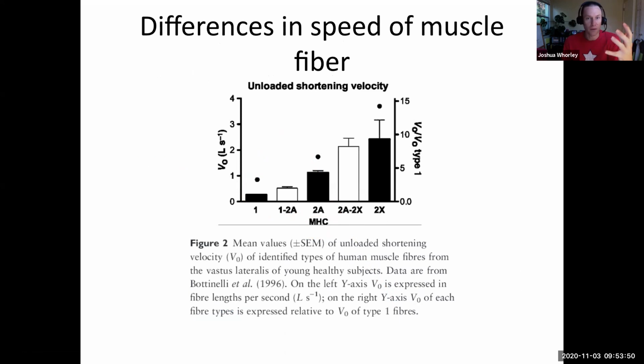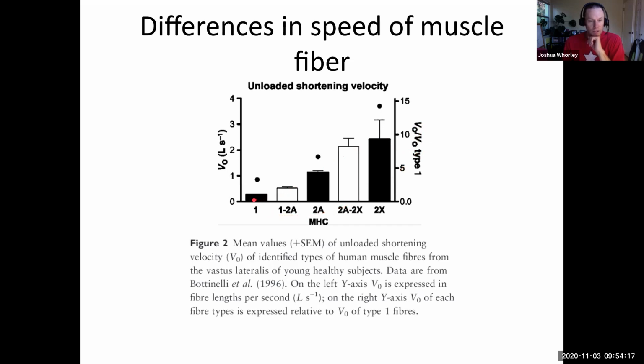It's the type of myosin they transcribe and translate. So here's our shortening velocity. This is how quickly a muscle shortens, right? This is showing the different types of fiber. And on this axis, this is showing the velocity of shortening in relation to how quickly a type 1 shortens, right?